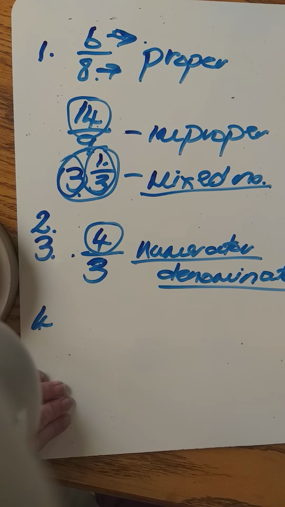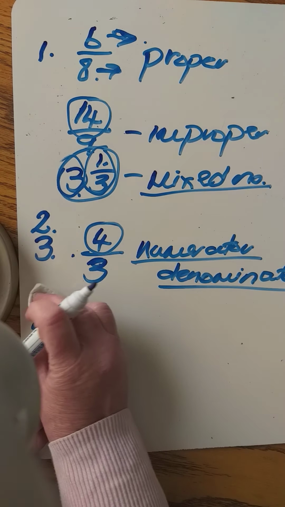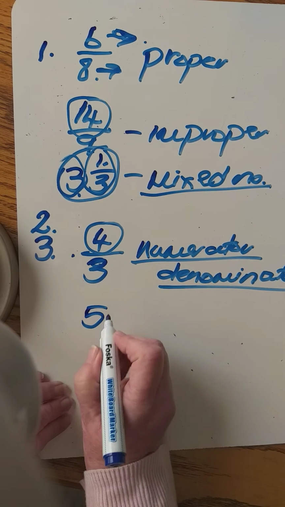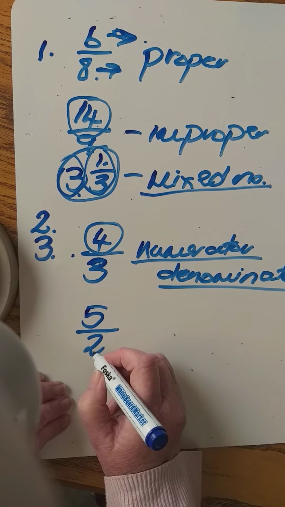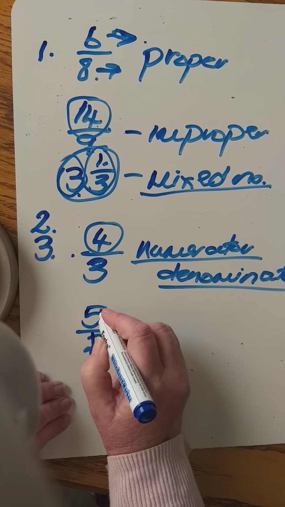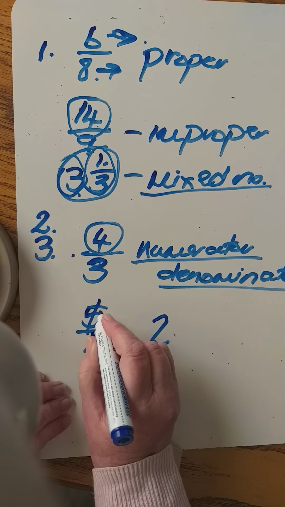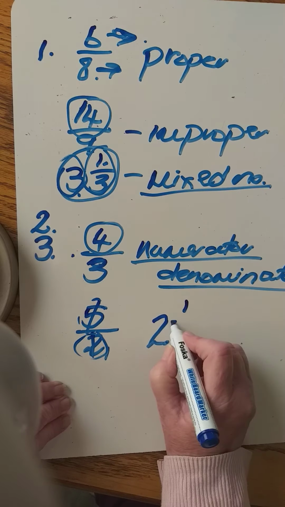Right, then we go to the following page, which is number 6. Write the improper fraction as a mixed number. So we've got 5/2. How we do that is, as a mixed number, we say 2 goes into itself once, and into that 5 it can go twice. But how much remains? 1 remains. And what size are they?